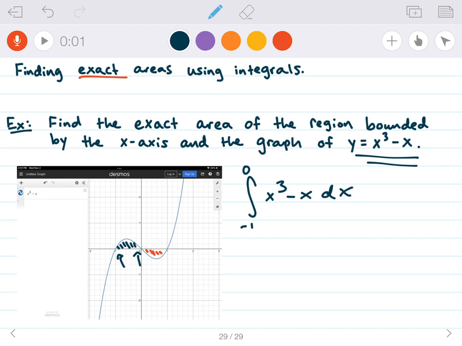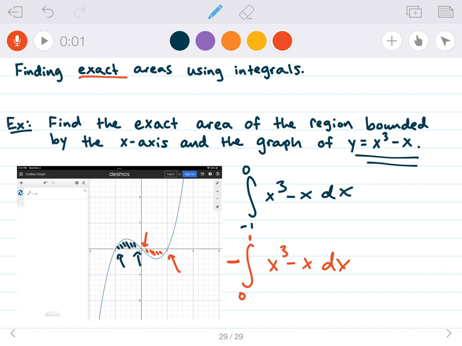And then for the second piece, I'm going from x equals 0 to x equals 1. So my lower bound is 0, my upper bound is 1. Same function. But what I want to make sure of when I do this is that there's a negative on the outside, because my answer is going to be negative, but since I'm looking for the sum of the areas, I want to make sure that both my areas are positive, basically.